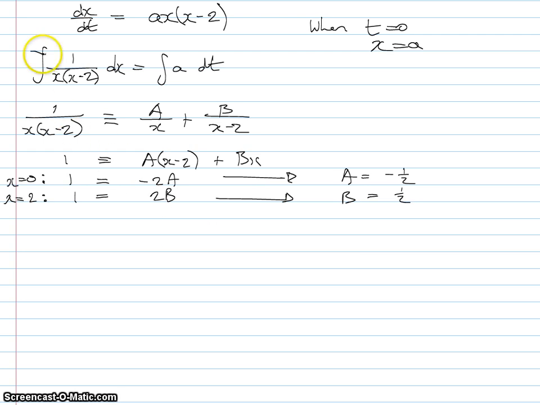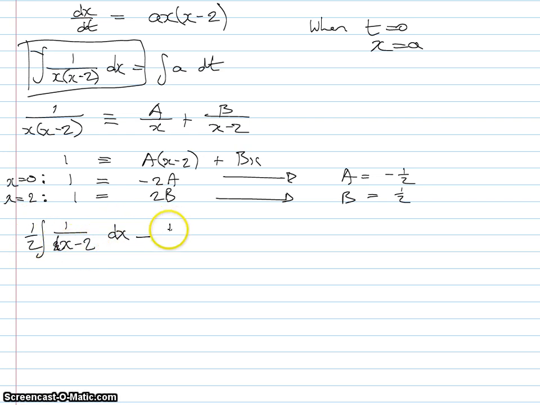So this expression up here becomes the integral of 1 over 2(x - 2) dx minus 1 over 2 times 1 over x dx, and that's going to be equal to the right-hand side, which is at plus some constant.